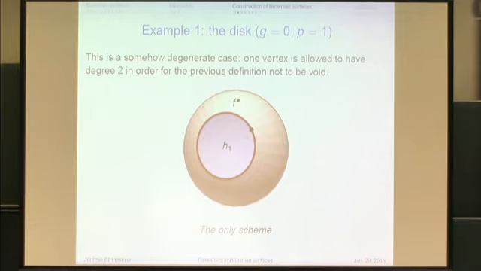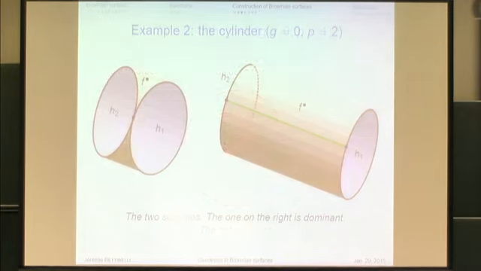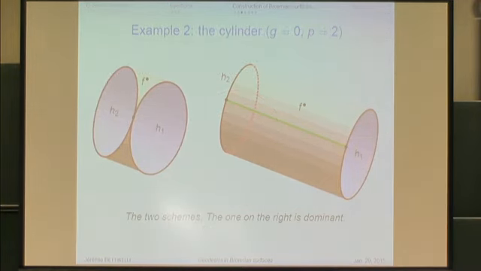So let's look at the next example, the cylinder. So you have two holes and only one face. So the only two possible cases are this case and this case. And if you recall, I said that this one is dominant because all the vertices have degree 3. And here you have a vertex of degree 4, and that's not dominant.